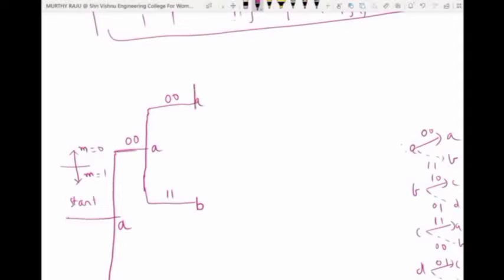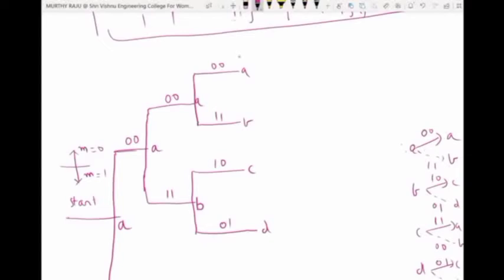Here again A to A, to A to B with outputs 0 0 1 1. Here B to C and B to D, outputs are 1 0 0 1.